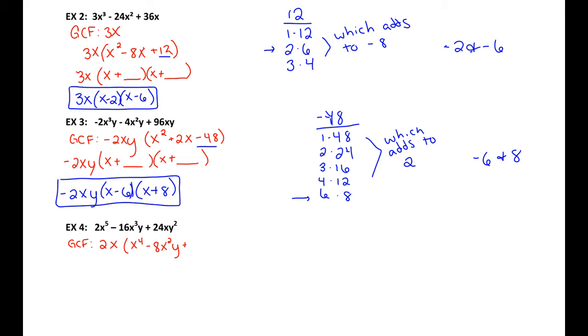So not only do we have an x to the 4th power, we also have that y squared at the end. So when you're setting up the problem, your 2x is still out front, but instead of having x plus a number, I'm going to have x squared plus some number times y.